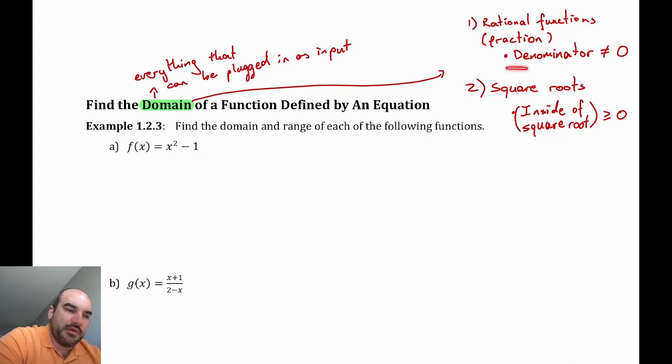These two things I'm giving you, the denominator does not equal 0 and the inside of the square root is greater than or equal to 0, are essentially how you set up how to find the domain of these functions.